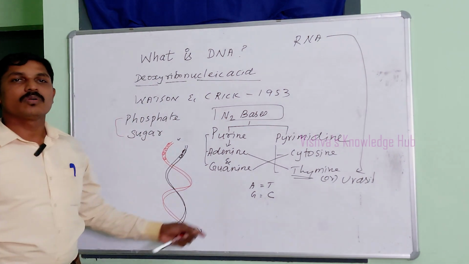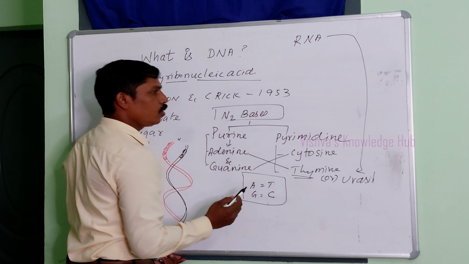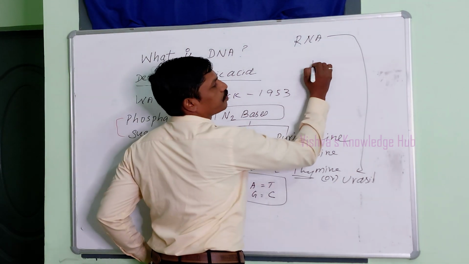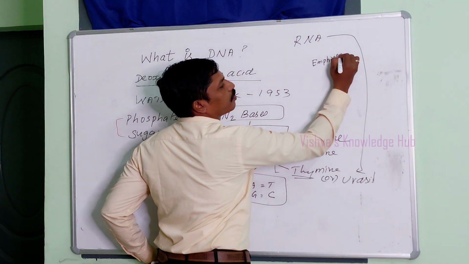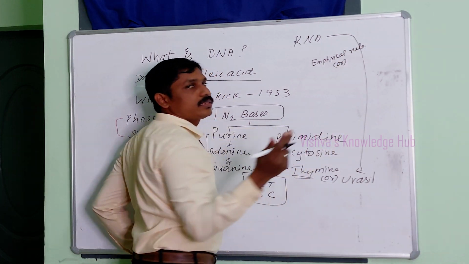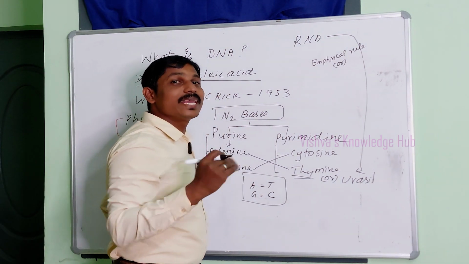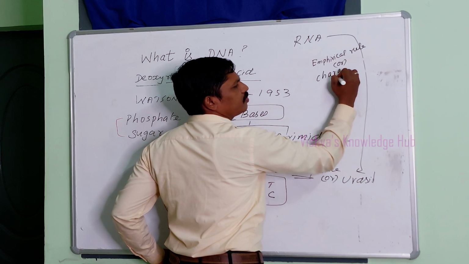Yes, this is one rule, children. This is the empirical rule or Chargaff rule. The empirical rule may be asked in 2 marks or 3 marks. What is the empirical rule? Yes, the Chargaff rule.